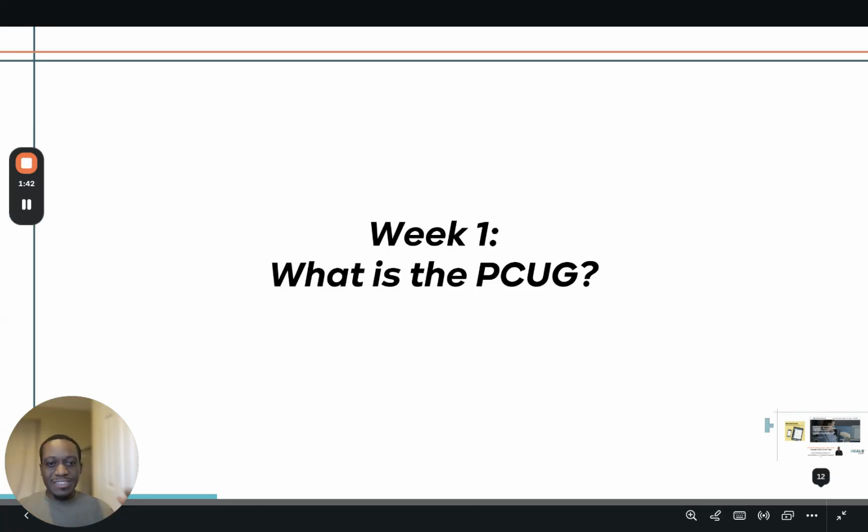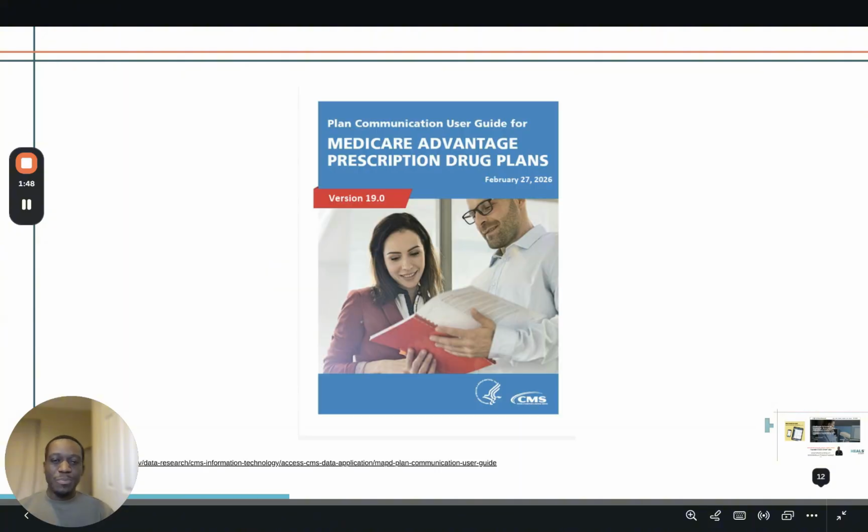What is the PCUG? What is the Plan Communications User Guide? It is produced for Medicare Advantage and prescription drug plans, and PACE plans also use it. So anyone working with CMS, MAPD, either on the MA only or MAPD or PDP or cost plans or PACE programs, you are working with the Plan Communications User Guide.